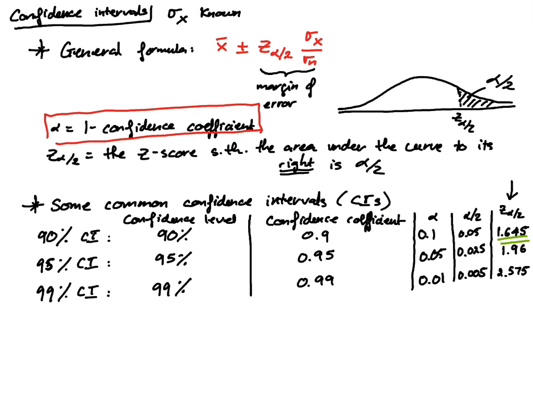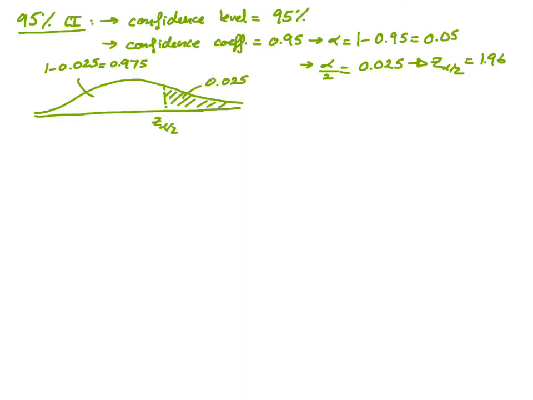And that value was given to you in this table. So this is 1.96.